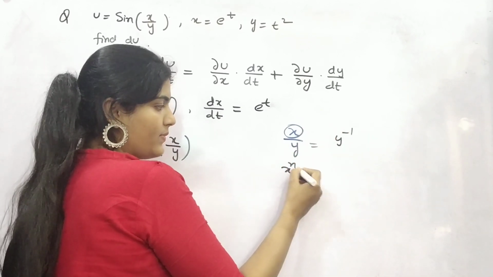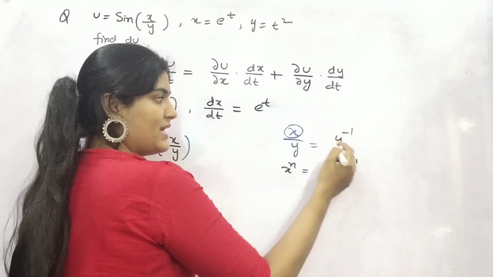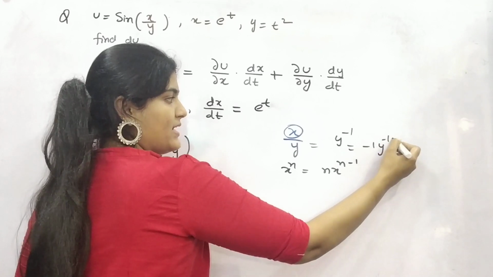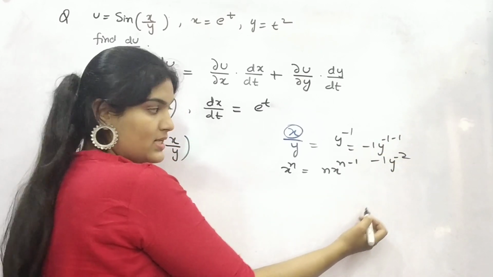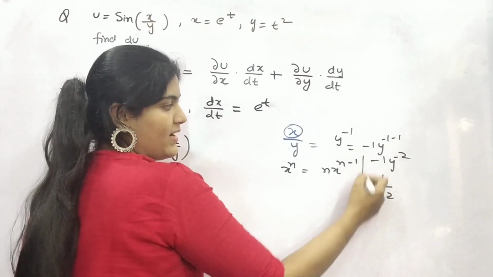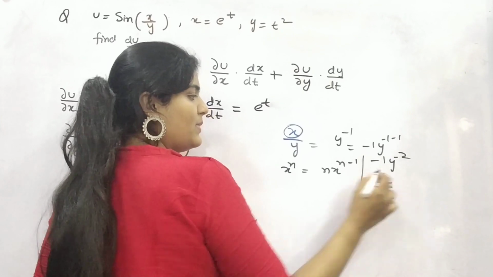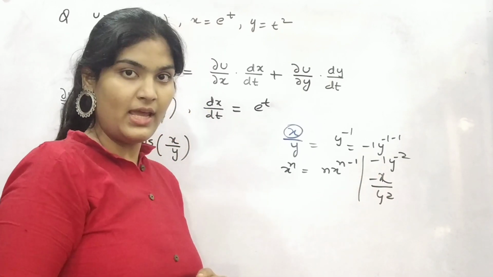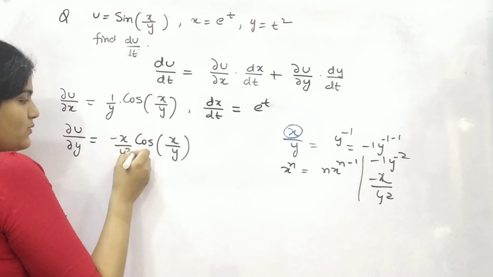What's the formula? n x raised to power n minus 1. That means minus 1 y raised to power minus 2, right? So minus 1 by y square, right? Now because x was constant, simply apply x here. So this is minus x by y square.